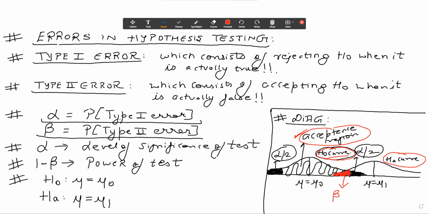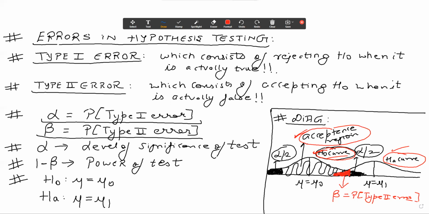That means this portion is beta, which is the probability of committing a type 2 error, that means accepting the null hypothesis H0 when it should be rejected. You can see the red colored area is lying within the H0 curve but under the HA curve. That means you are accepting H0 when ideally it should be rejected.